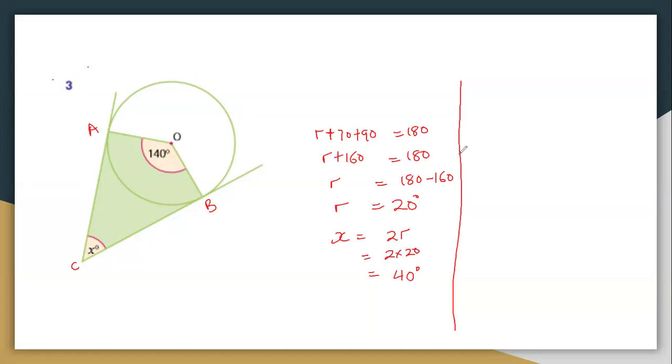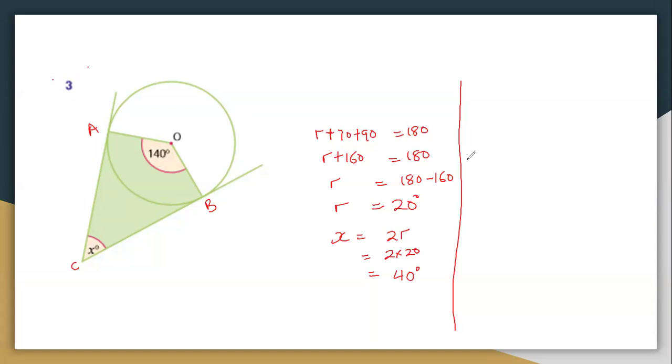Now, you are doing two things. Desire, you are bringing in some quadrilateral property when you tell me X plus 140 is equal to 180. Is it what you are relating to?